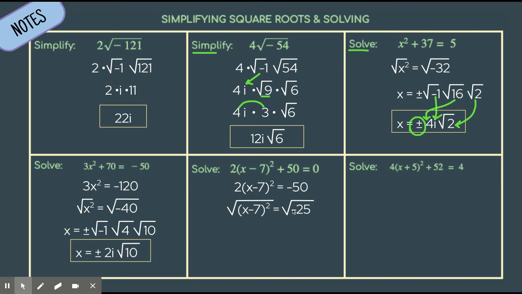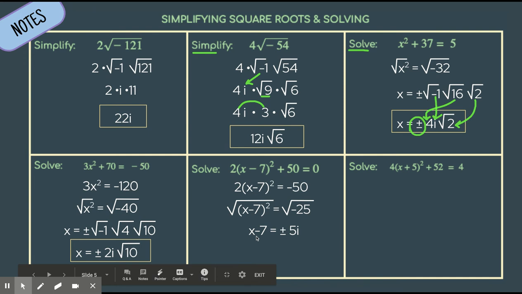But because of that negative, instead of saying 5, we're going to have to say positive or negative 5i. Before, when it was just the square root of 25, we said 5 and negative 5. And now I'm saying 5i and negative 5i. This plus minus symbol just means you need both. Positive 5i and negative 5i. It's a way of just writing the answer a little bit simpler.